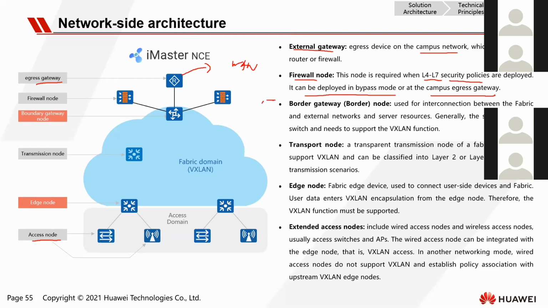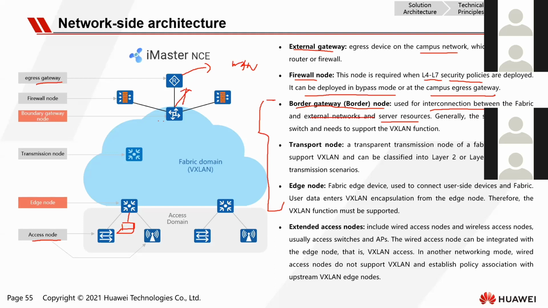The most important part is these three, the border gateway nodes. The border gateway nodes are used for interconnection between the fabric and external networks and service resources. For example, maybe we have one user connected here, and it wants to access the external network.